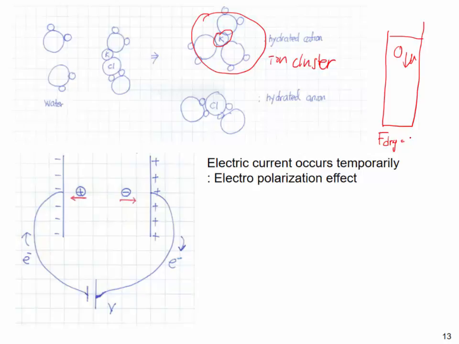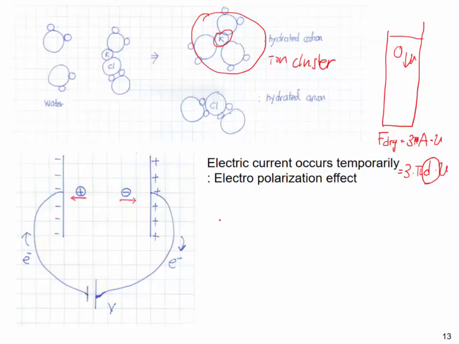The dragging force is 3 times pi times d times velocity, something like this. Here the d will be the particle diameter, but in this case the diameter of the ion cluster will be the d, not just the potassium.